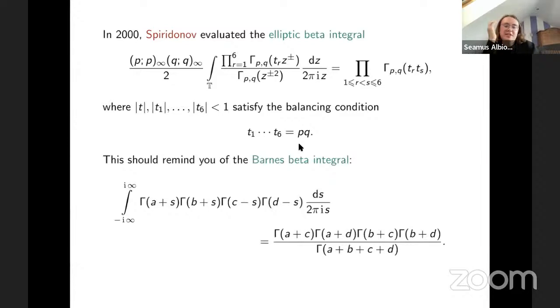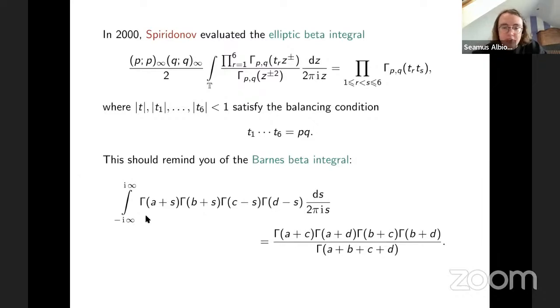Okay. And if this looks a bit funny to you, you should think about the Barnes beta integral. This is a classical result. These are ordinary gamma functions now, and this is the prototype for the elliptic business. You take an integral of gamma functions, and that gives you a product of gamma functions again.